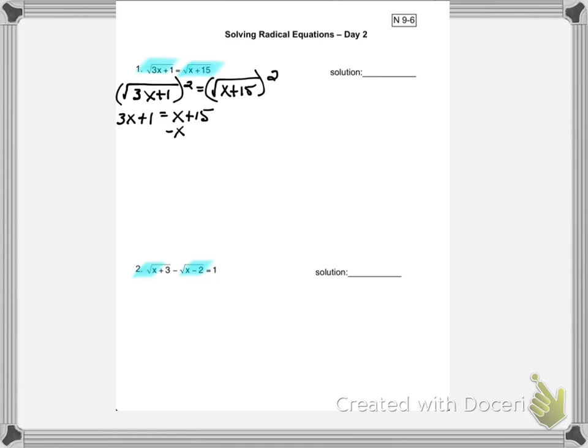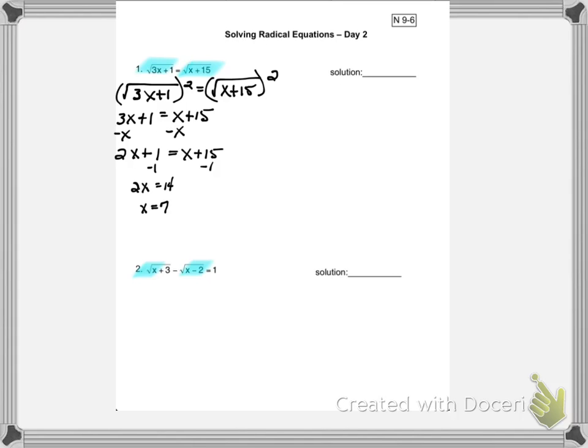We can subtract x from both sides, which gives us 2x plus 1 equals 15. And then we're going to subtract 1 from both sides, which then gives us 2x equals 14, and of course the last step is always dividing by 2, so x equals 7.